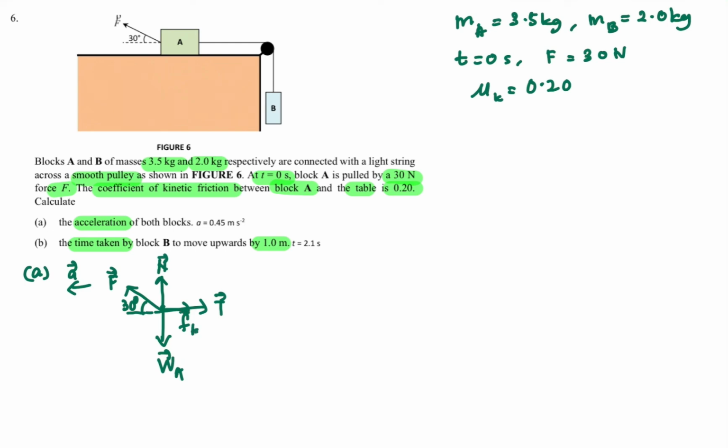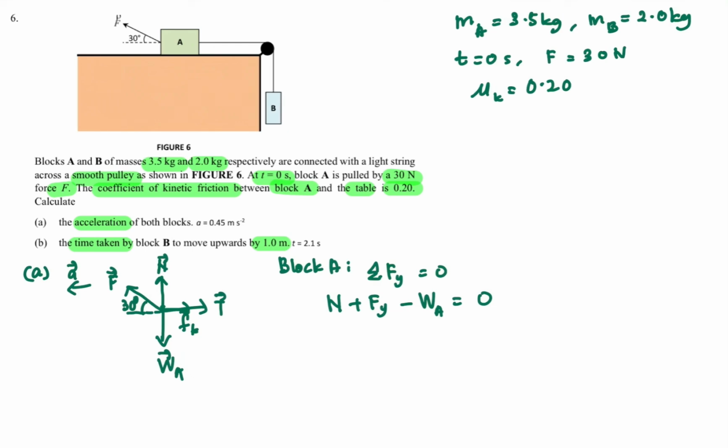Okay, now we focus on block A, where for the y component, summation Fy will be equal to 0. Okay, and then we have N plus Fy minus WA equal to 0.